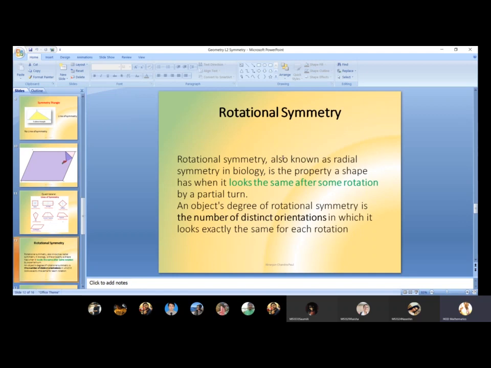Now come to rotational symmetry. Rotational symmetry means it looks the same after rotation. Before, I used a line to bisect it and make two identical parts. This time, if I rotate an object and the object is identical after a rotation, then I can say one rotation is done, so one rotational symmetry.